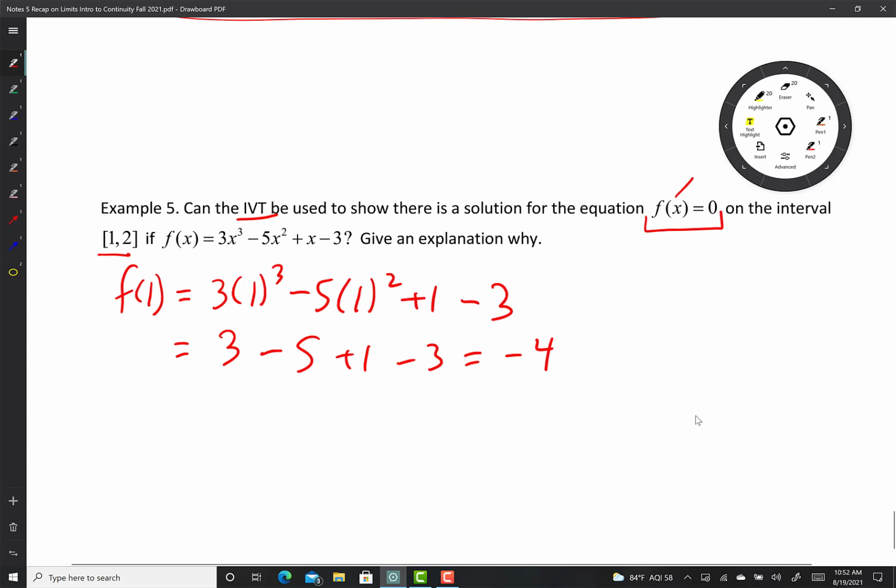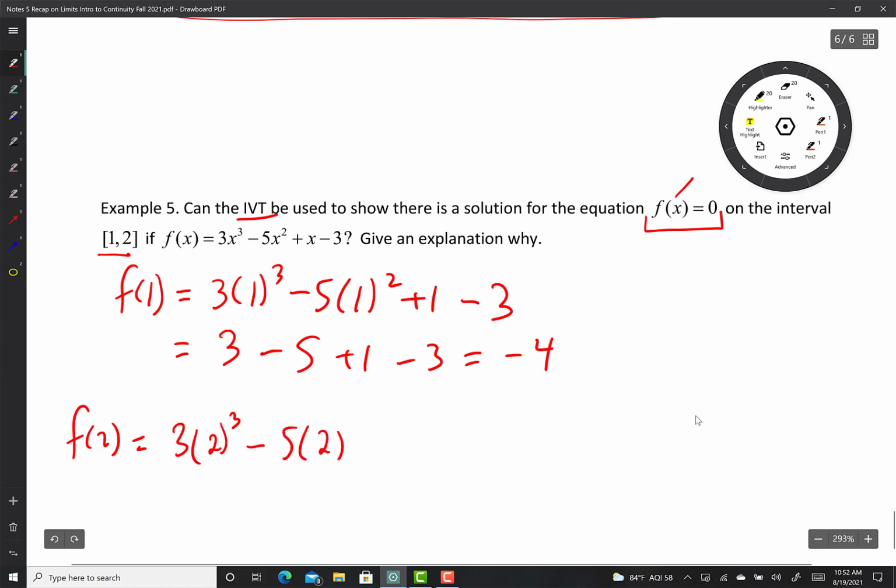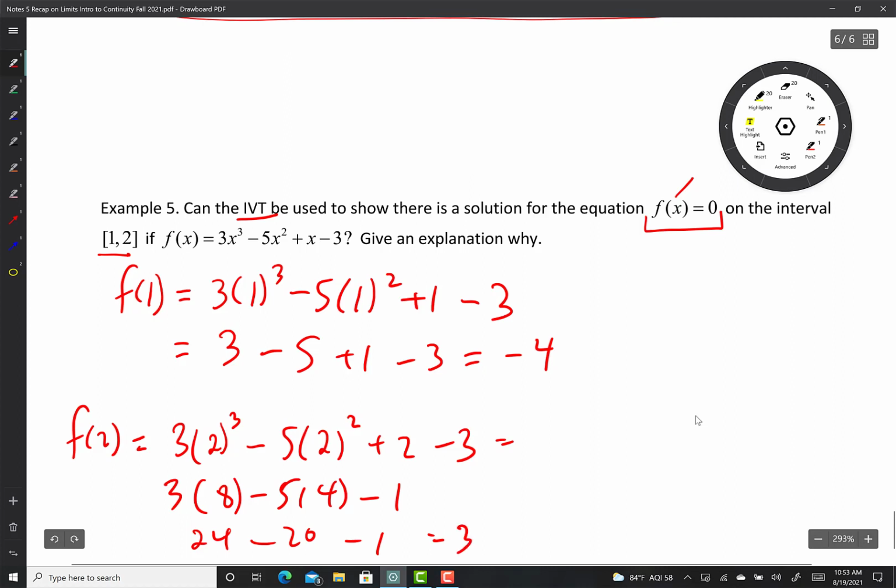Now let's figure out what f of 2 is. 3 times 2 cubed minus 5 times 2 squared plus 2 minus 3. Let's see, what is that? 3 times 8 minus 5 times 4 minus 1. So 8, 16, 24 minus 20 minus 1. I get 3. Do you guys get 3?